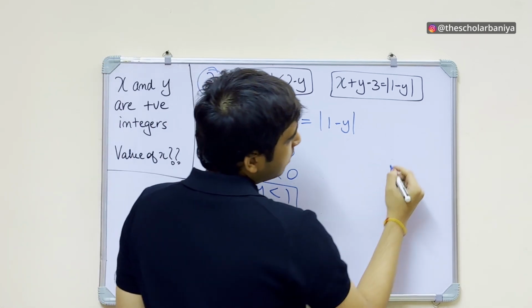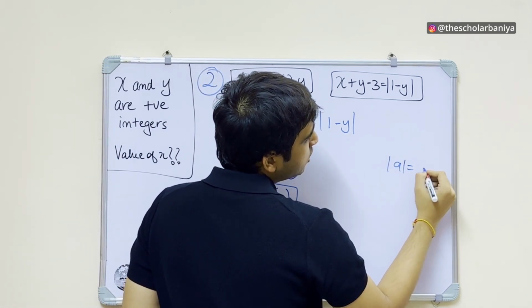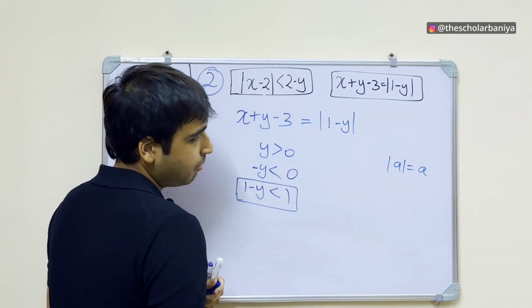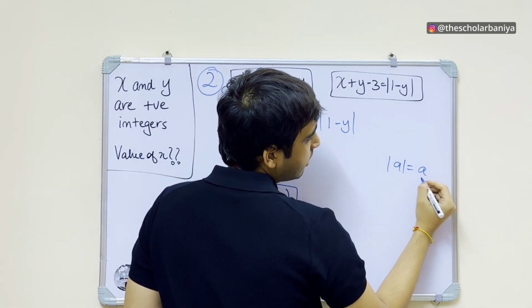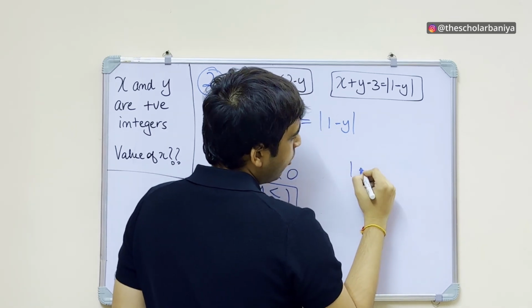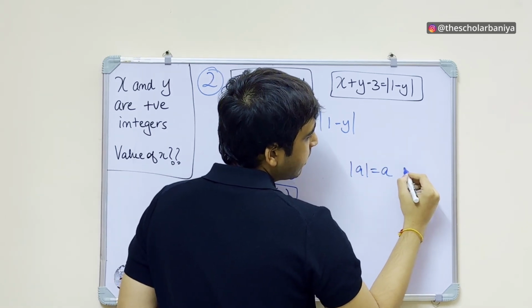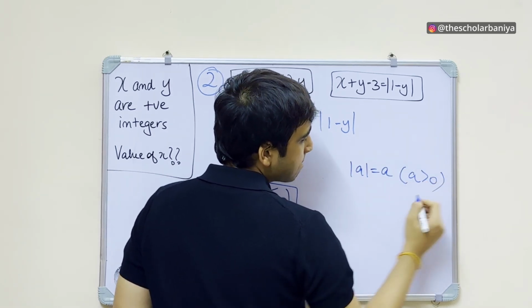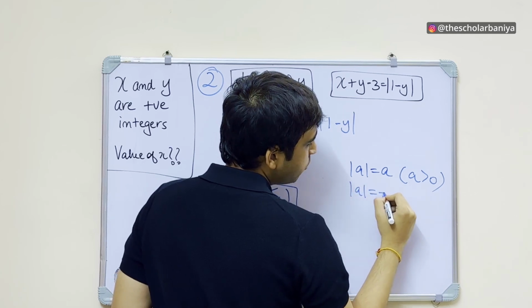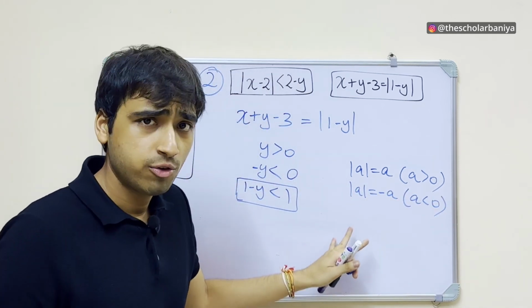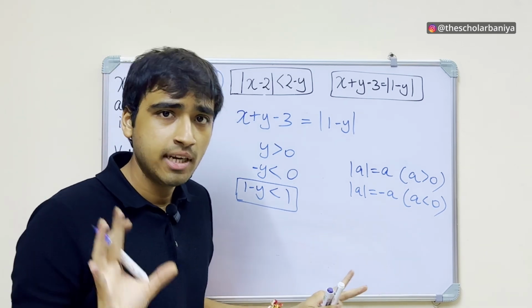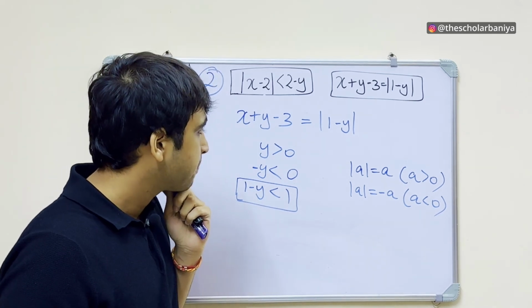Because we know that mod a is equal to a if a is greater than 0, and mod a is equal to minus a if a is less than 0. I hope I have told you this already in the inequalities chapter, right?